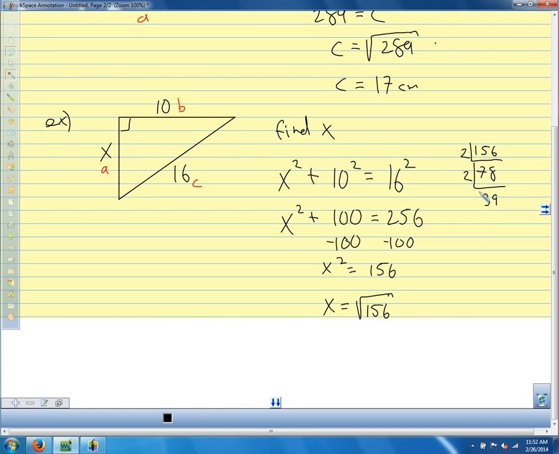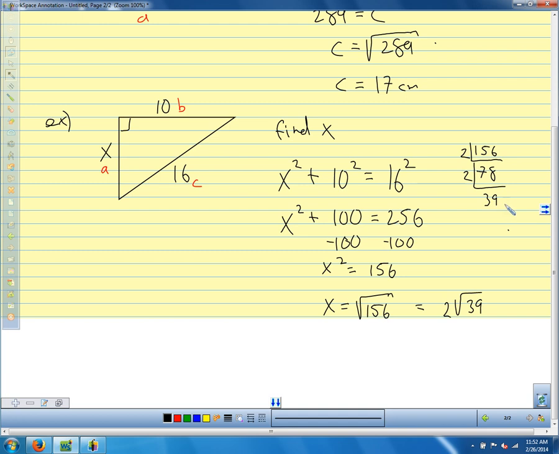When we do this method, what we're left with down here stays in the square root. And if we have a pair of numbers out here, one of the numbers from the pair goes in front of the square root. So the square root of 156 equals 2 times the square root of 39.